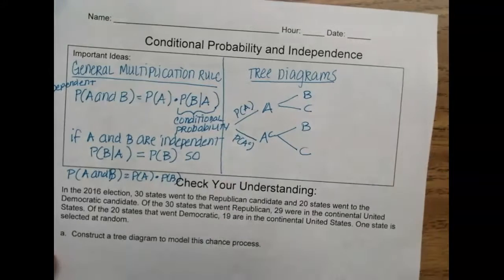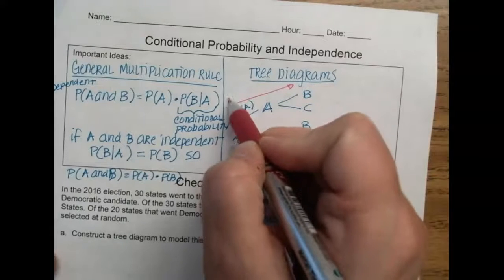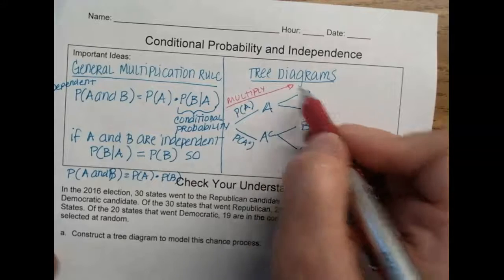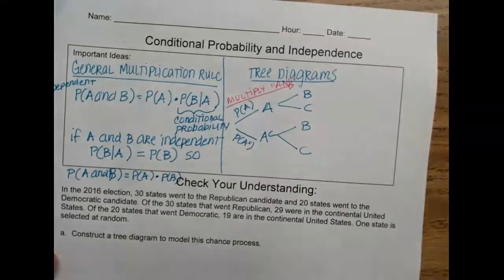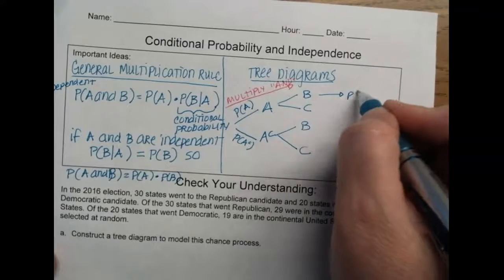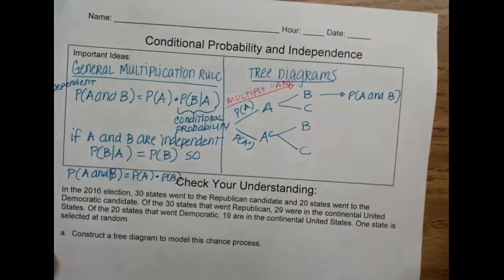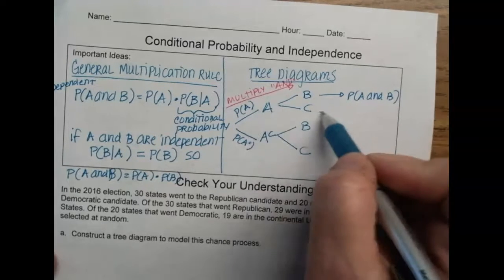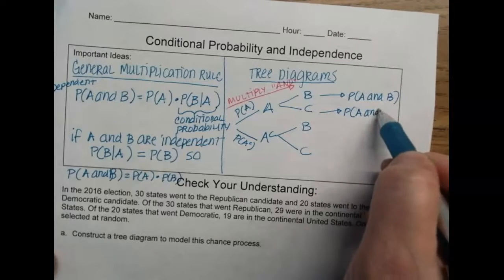So remember what I said before, that when you go along the arm, that's a multiplying situation, because we're saying A and B. So this is AND. This path will give me the probability of A and B. When I follow these branches, it's going to give me the probability of A and C.